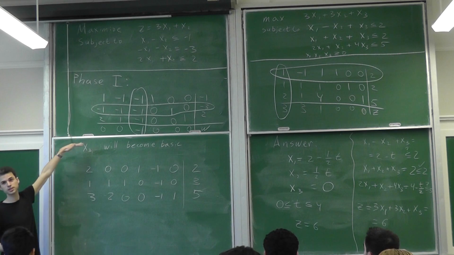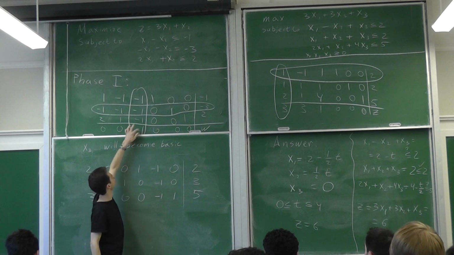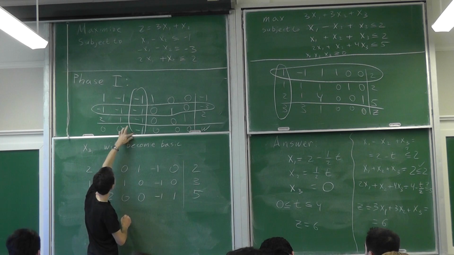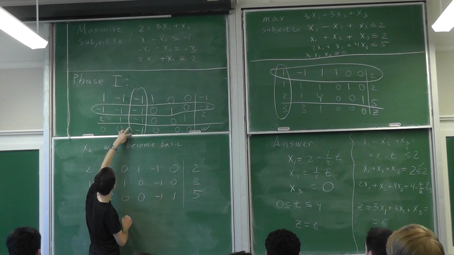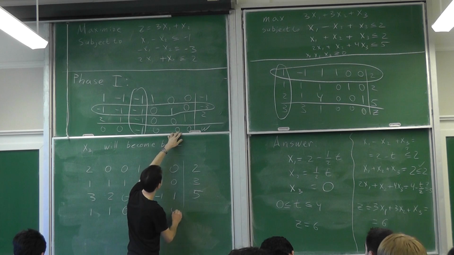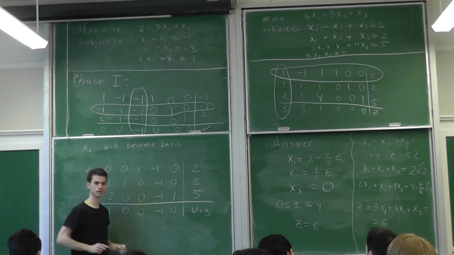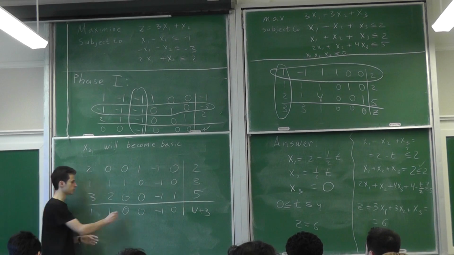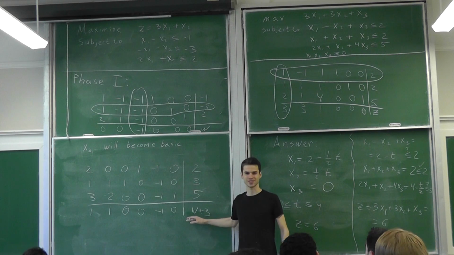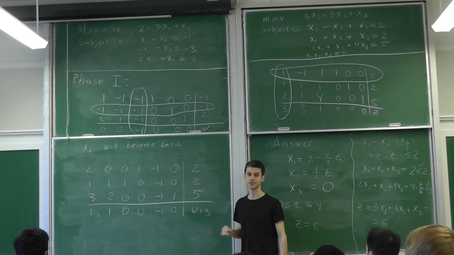And what happens to the last row? Well, I want to make this coefficient 0, so I'll subtract the second row: 1, 1, minus 1, 0, 0, minus 1, 0, w plus 3. So not only did I not increase w, I decreased it. It's now minus 3. When the non-basic variables are equal to 0, w is minus 3.